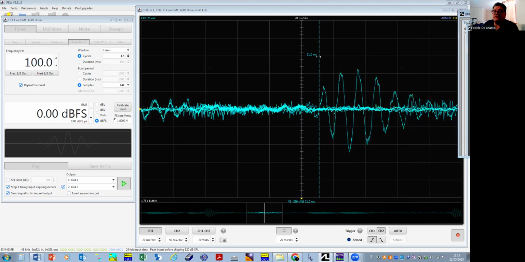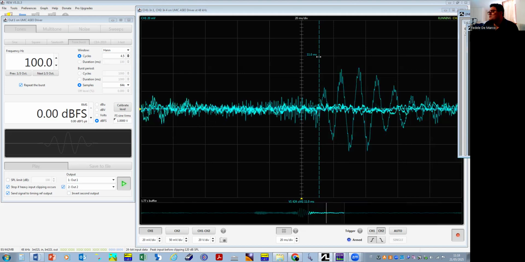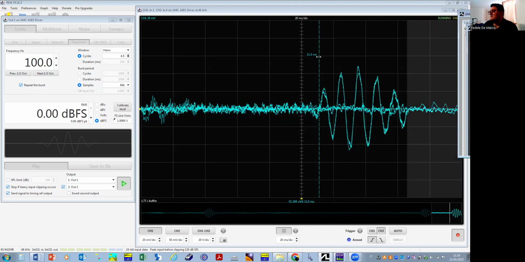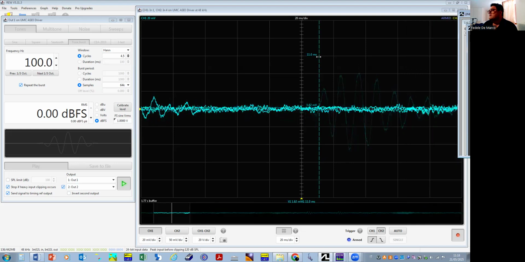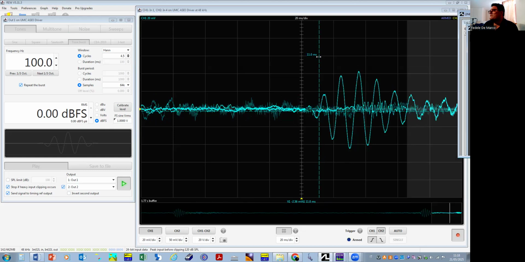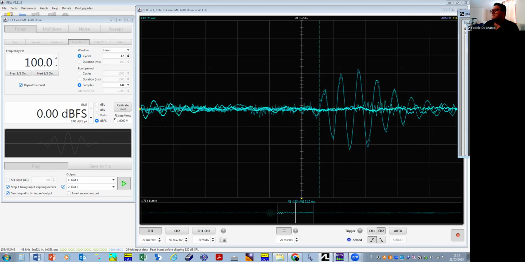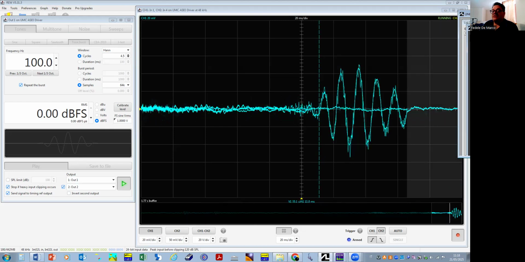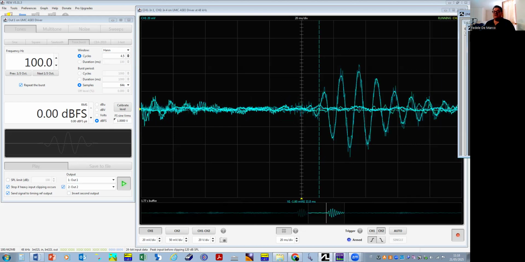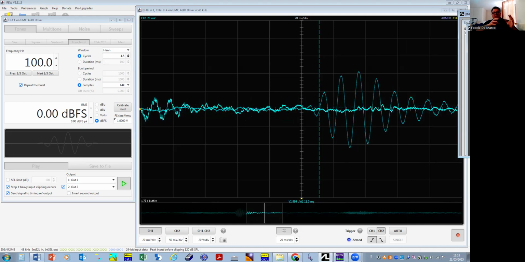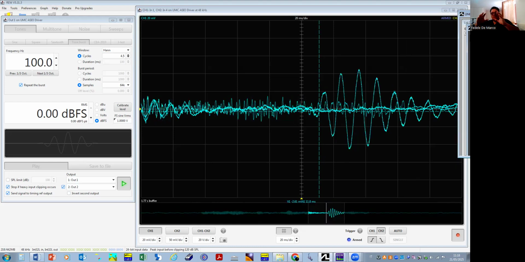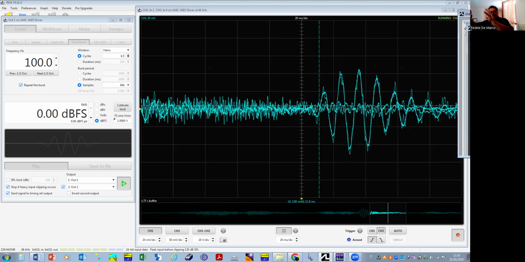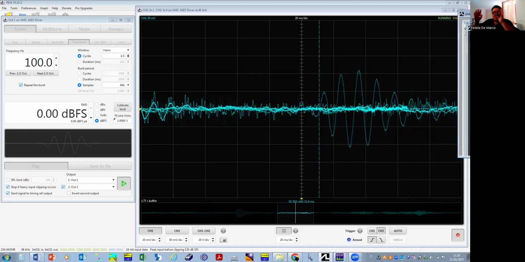So I need to align, introducing signal delay in the subwoofer. So I go in the DSP and I start to introduce delay, signal delay. Now you see all the waveform moving along the time axis from left to right.